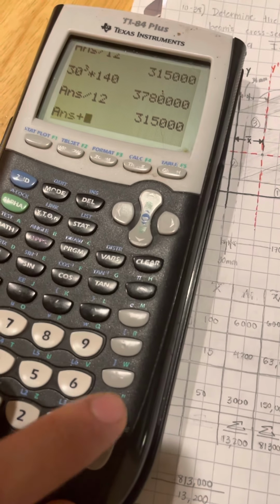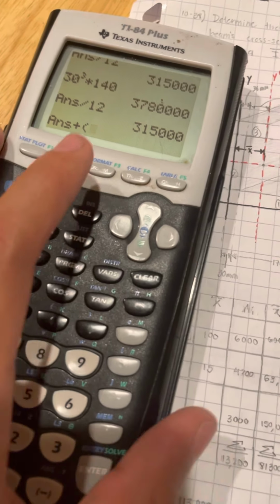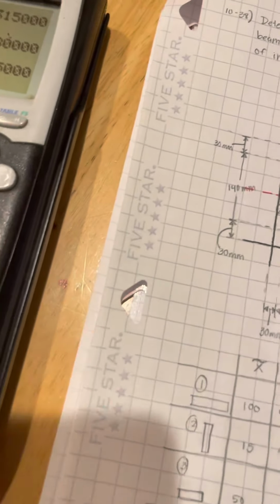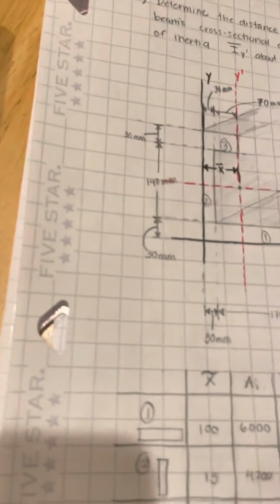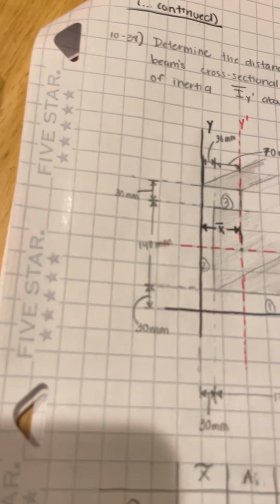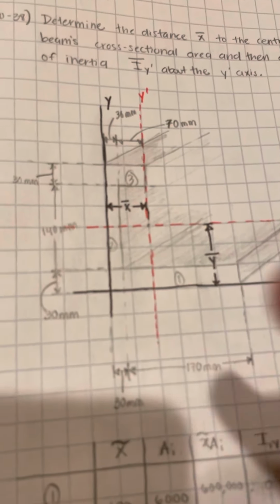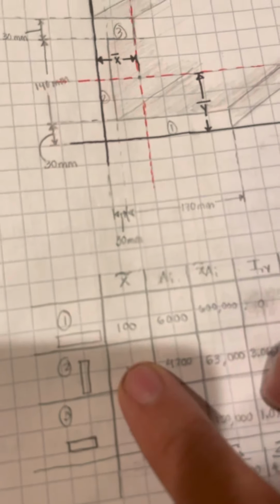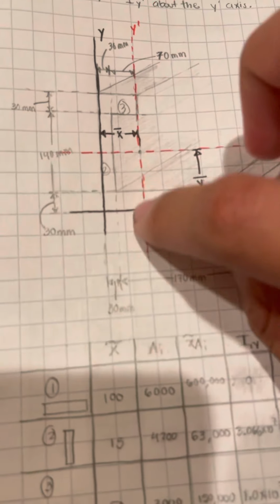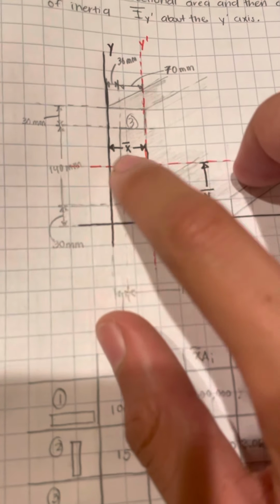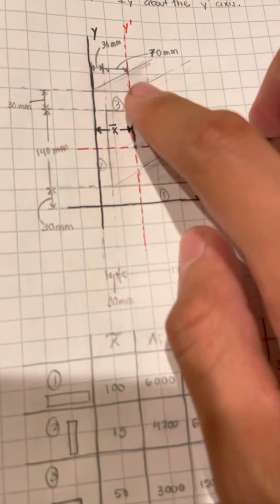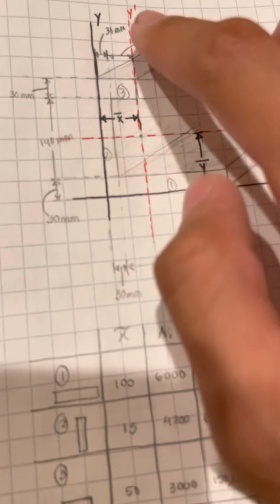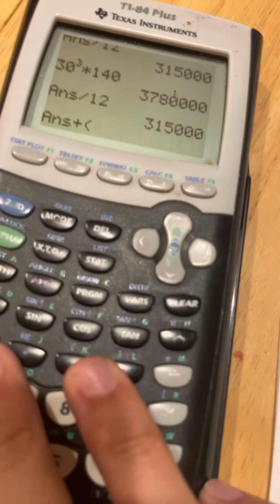So then you have to add that to a number squared, which is, so you know how this is 15, right? And this line that we're looking at, which is this x, this is at 100. So 100 minus 15 is 85, right?